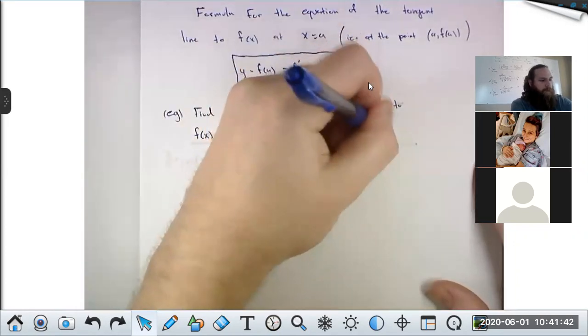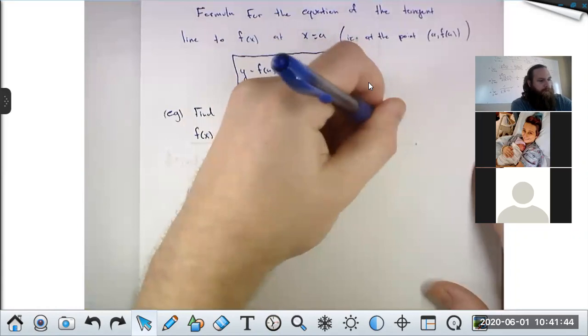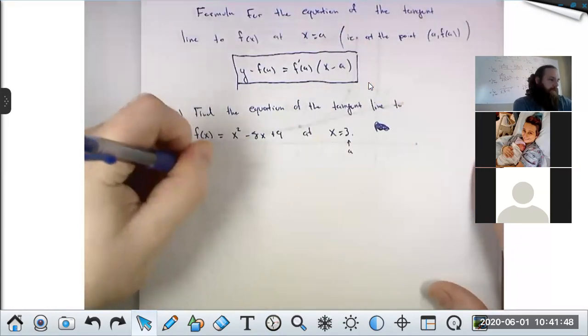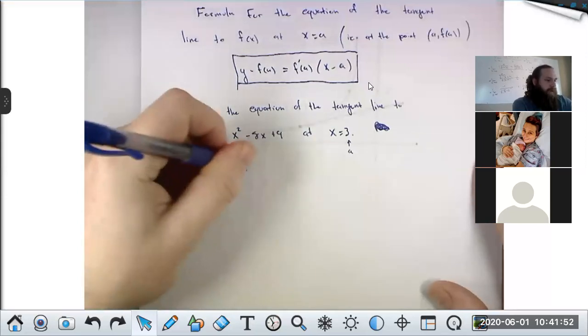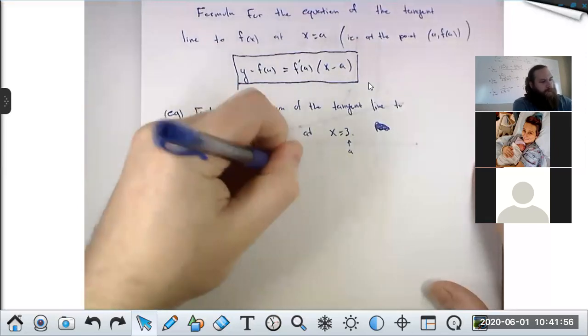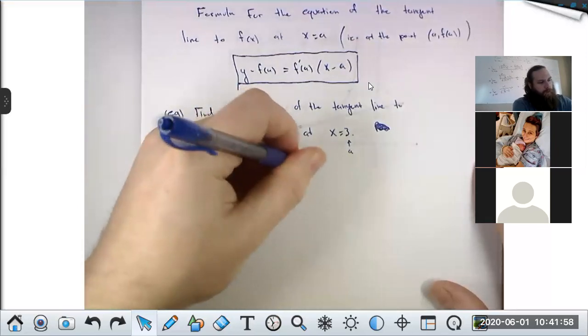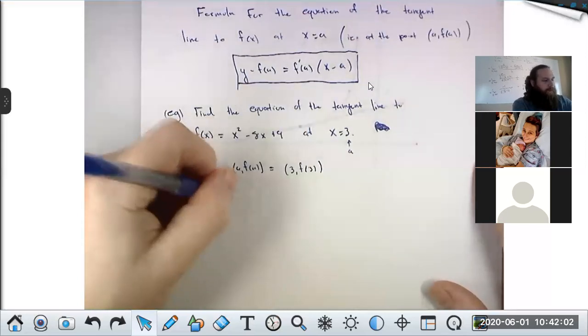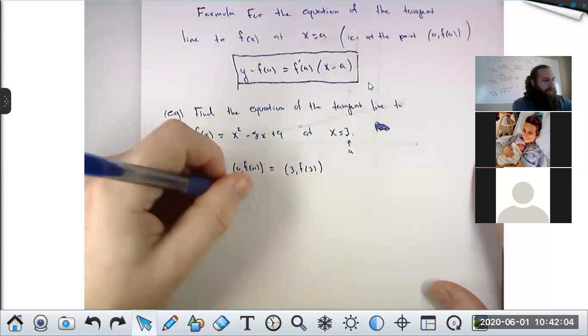First, I need the point. It's always a comma f of a. Here, a is 3. So that's 3 comma f of 3. And I need to figure out what f of 3 is. F of 3 is what I get when I plug 3 in for x.